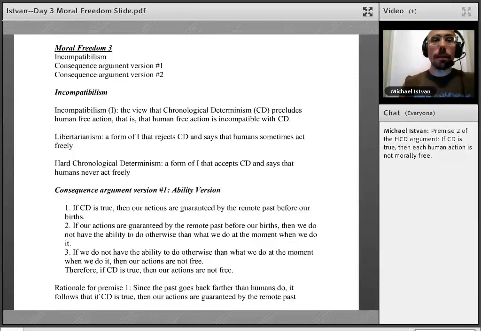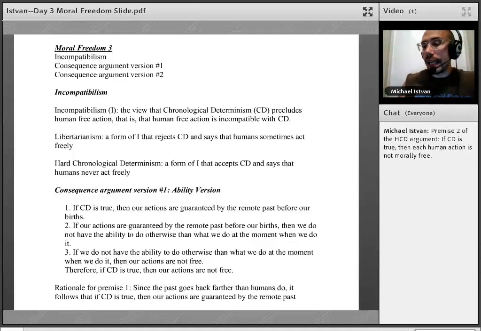I can't be morally responsible for what I do if what I do has been shot out of the remote past before I was born, even if I meet whatever other criteria there are for moral responsibility, like being an adult, having moral concepts, not being on drugs, my actions being born of deliberation, whatever. So incompatibilism is an acceptance of premise 2 of the HCD argument. That should all be clear.